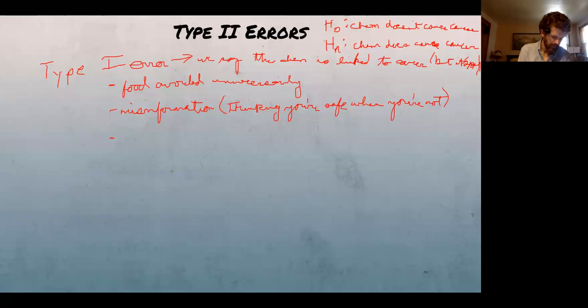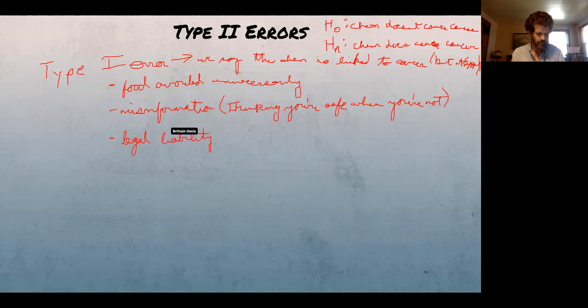So I'll just put legal liability. And you'd like to think that you as a researcher are immune from liability, but you're a target at that point because you just announced to the whole world that this chemical that's commonly produced causes cancer. And all these companies that were making money off of this, they're not going to just roll over and be happy with that.